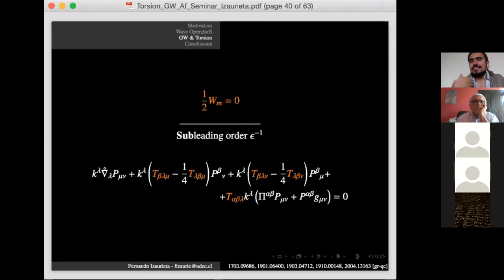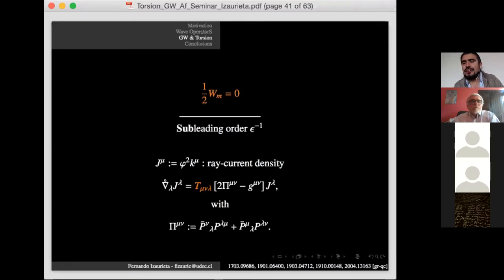But it changes when you go to the subleading order. At that point, you find that the polarization of a gravitational wave is no longer parallel transported along this null geodesic, but it is scrambled along the way through torsion.